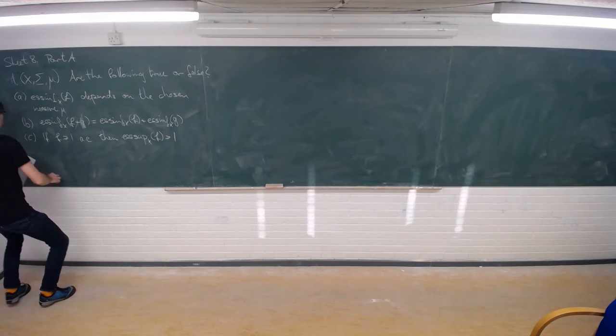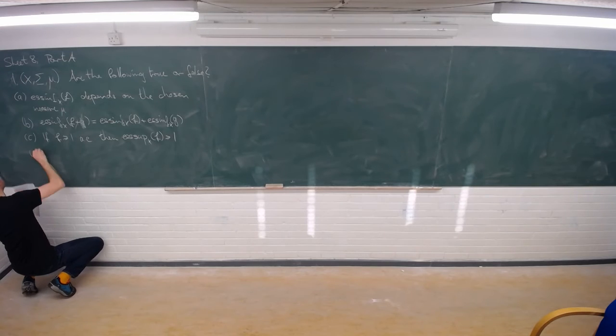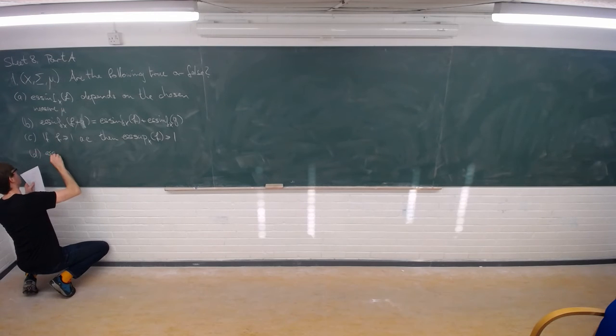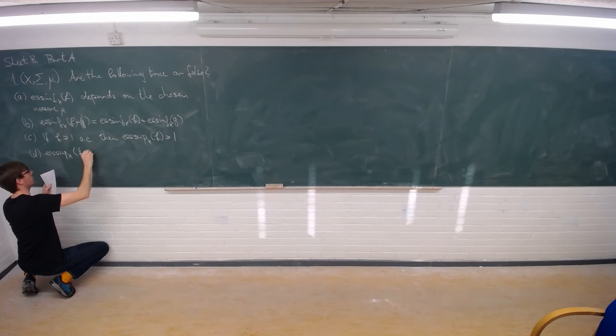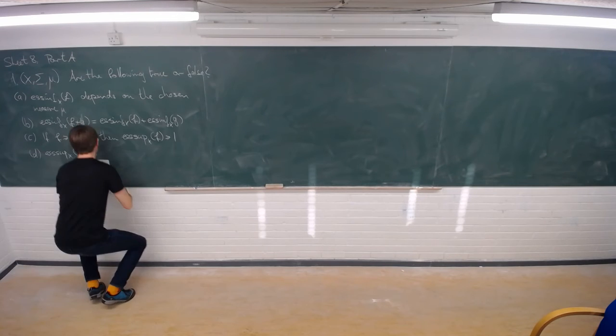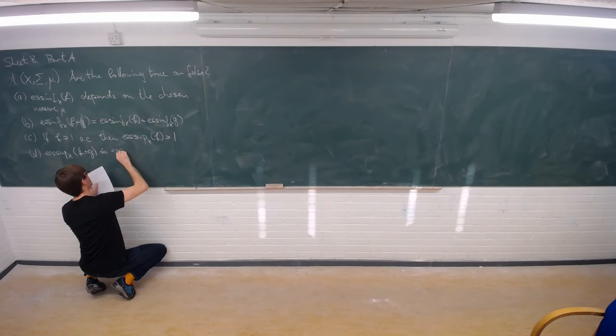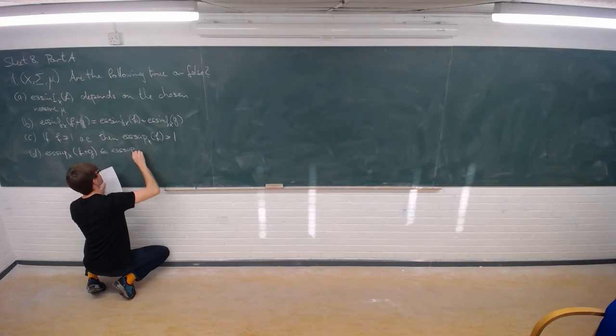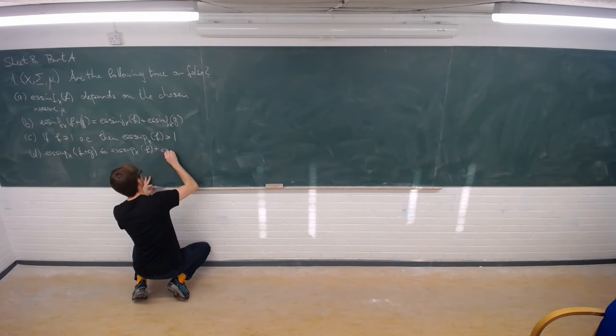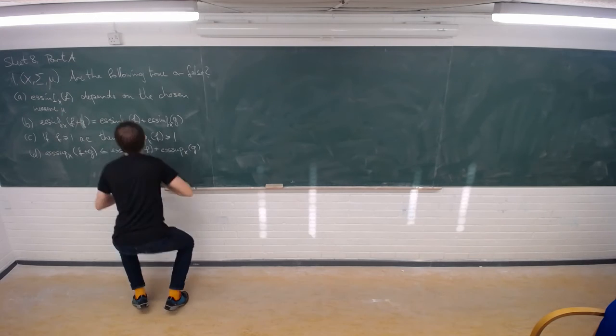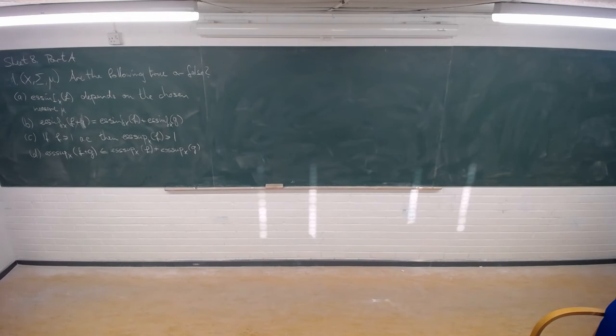And finally, the essential supremum of f plus g is less than or equal to the essential supremum of f plus the essential supremum of g. Okay, so this was exercise 1, part A.